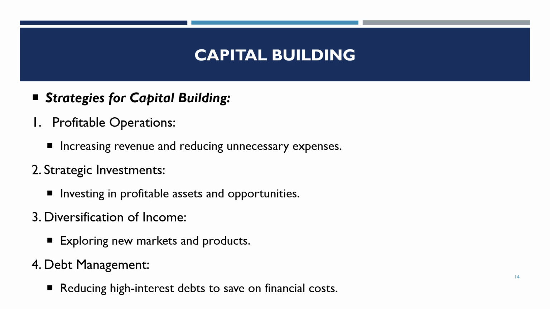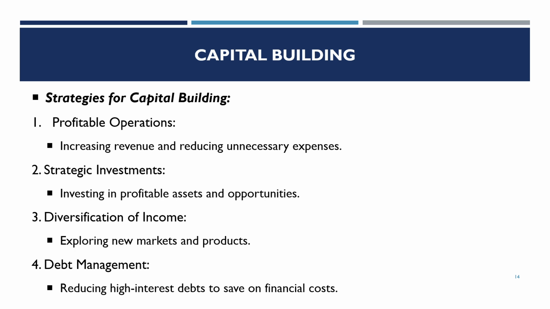So this is one of the strategies, increasing the revenue and reducing the unnecessary expenses. Second strategy, investments. So investing in profitable assets and opportunities. Strategic investments are also crucial. Businesses need to invest wisely in assets or markets that promise good returns.